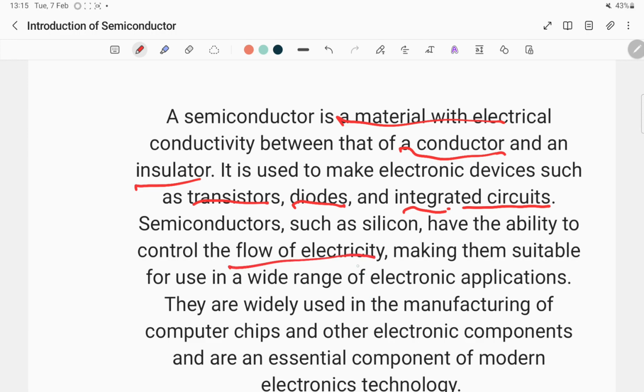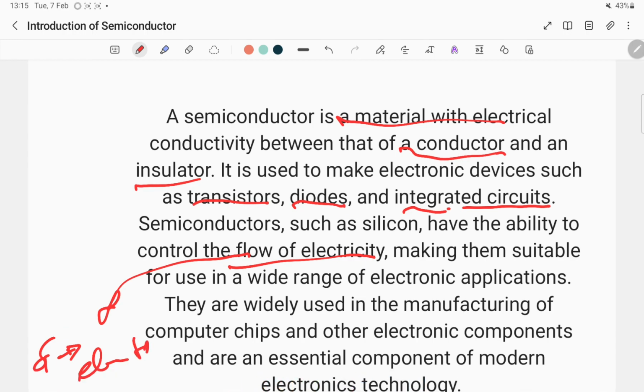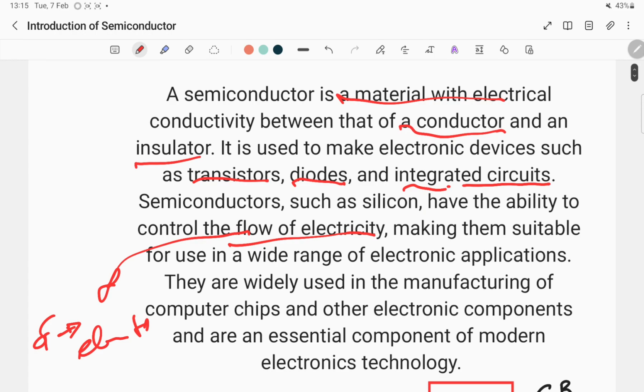I told you how we can control the flow of electricity by making the charge carrier type n-type or p-type. Because of this property, silicon has become a very fascinating element, and it is also earth abundant. All our computer chips and other electronic components like smart watches, screens and LEDs have semiconductor materials.